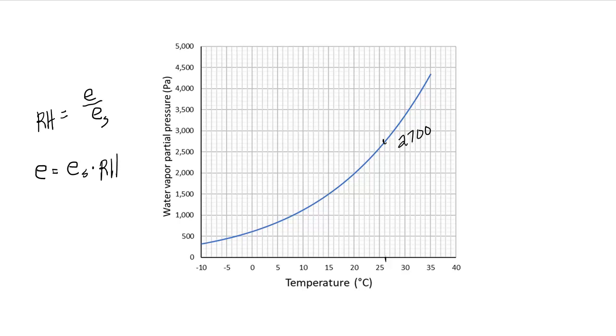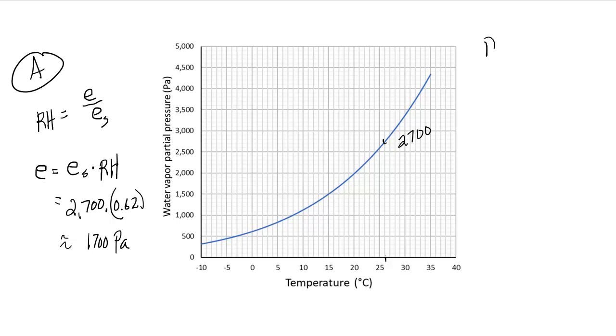Well, saturation level in terms of partial pressure is 2,700. This is point A, where we started, times the relative humidity of 62%, 0.62, and that turns out to be about 1,700 or so pascals. So that's our partial pressure at the beginning. At the end, at D, remember we had a temperature of 25 degrees C and a relative humidity of 55%.